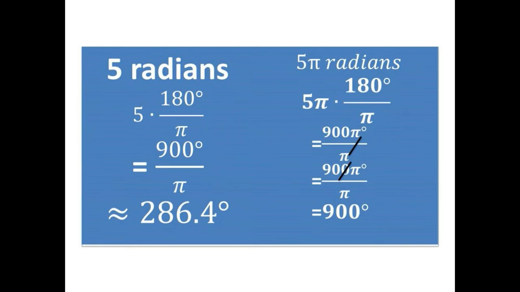Remember that pi is a number, approximately 3.1415, so the difference between 5 and 5 pi is obvious. There's no difference when we just compare the numbers, but when we put the word radian in the phrase, 5 pi radians is pi times larger than 5 radians. In other words, 5 pi radians is 3.1415 times larger than 5 radians.